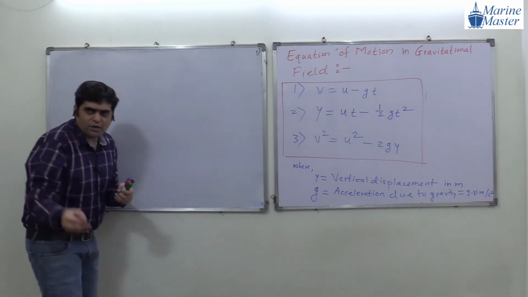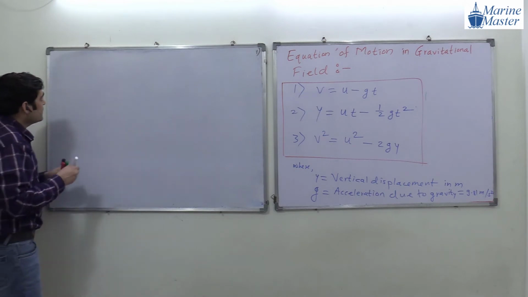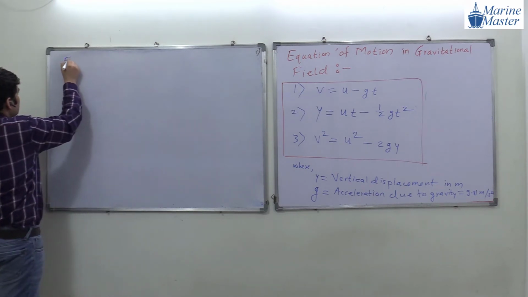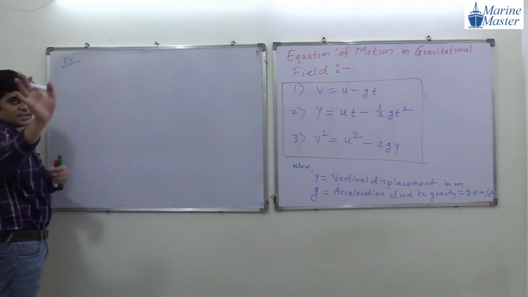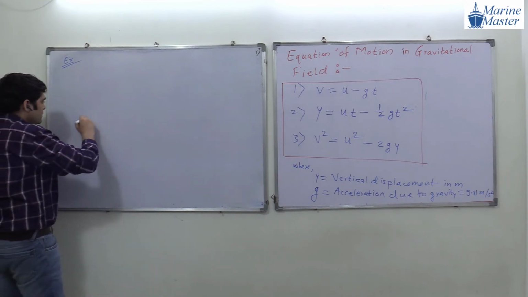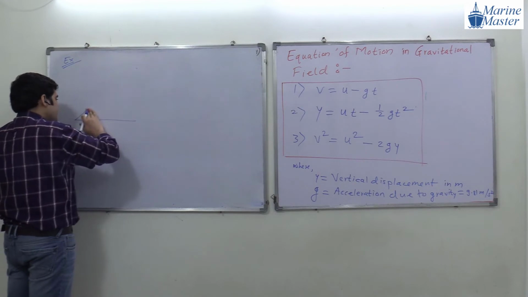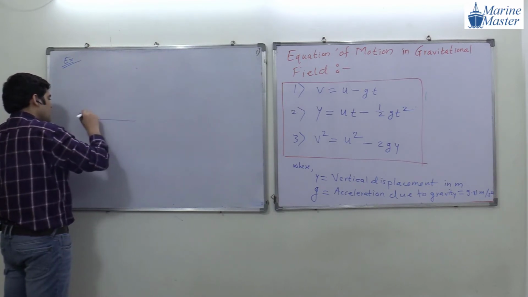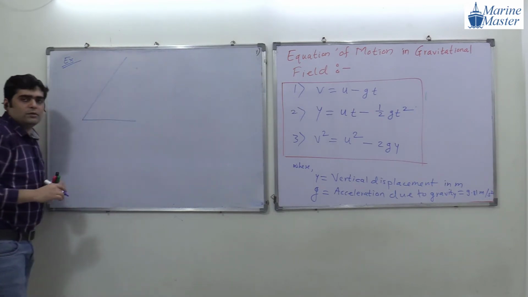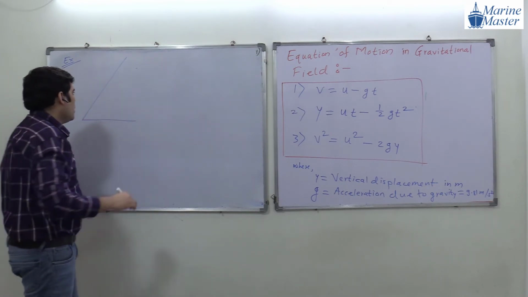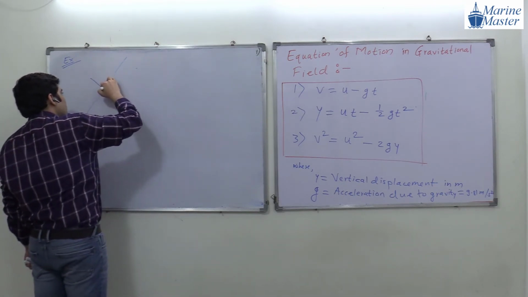I am going to take two to three examples. Suppose there is a steeply slanted, high slope plane, and on that plane there is one object.